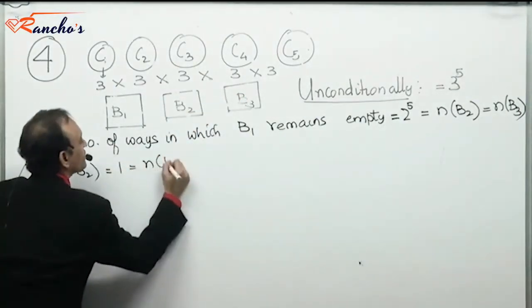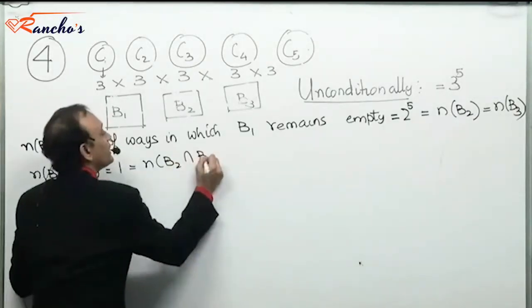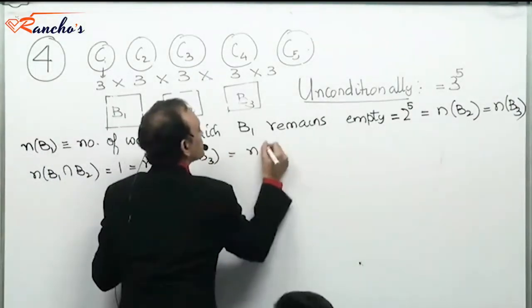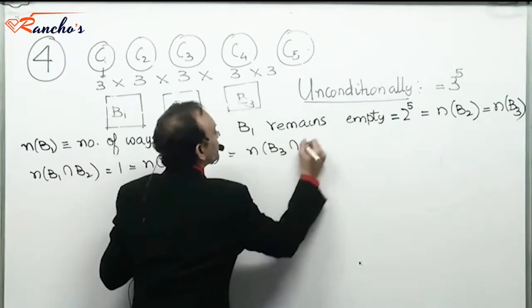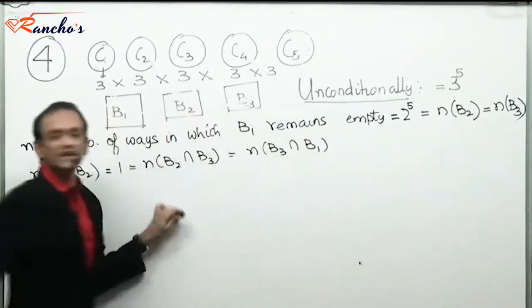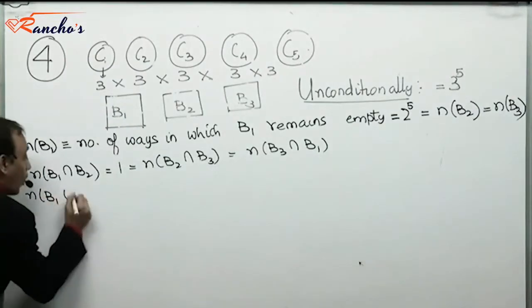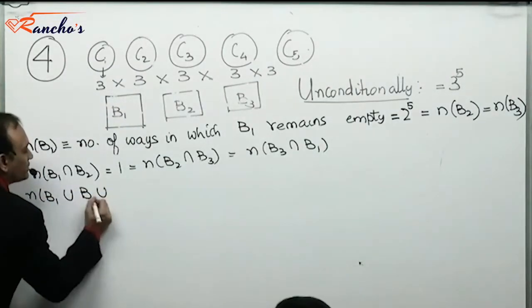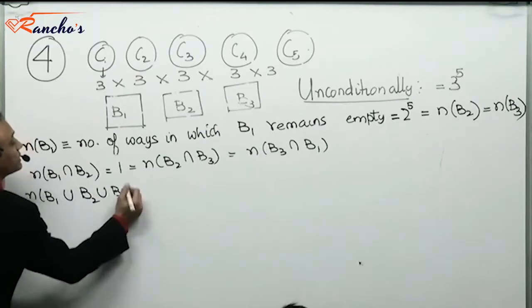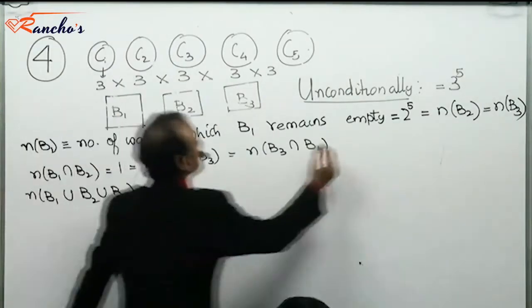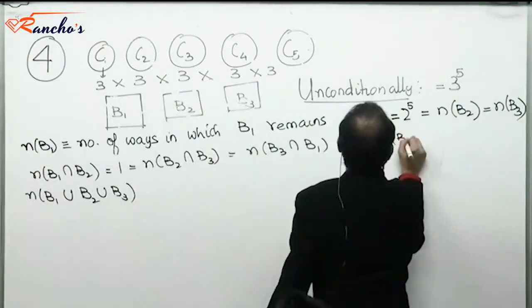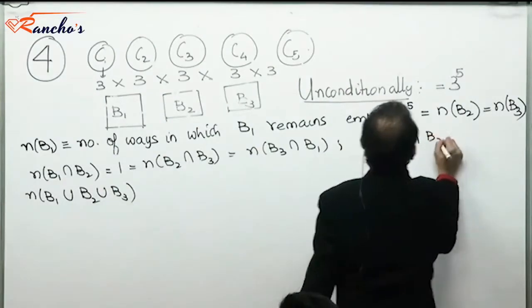That's also the number of ways in which B2 and B3 remain empty. That's also the number of ways in which B3 and B1 remain empty. Yes or no? So, what's the number of ways in which B1 and B2 and B3 remain empty?